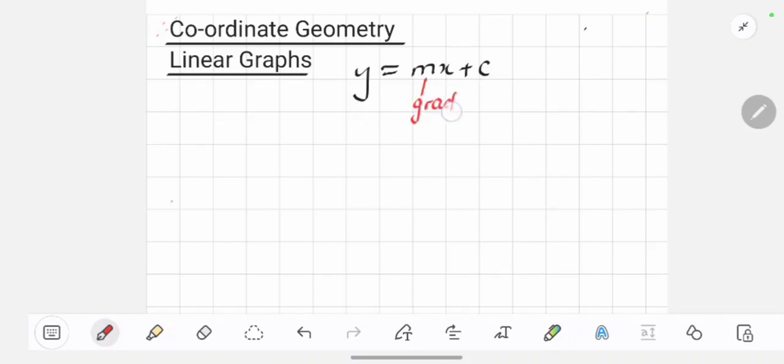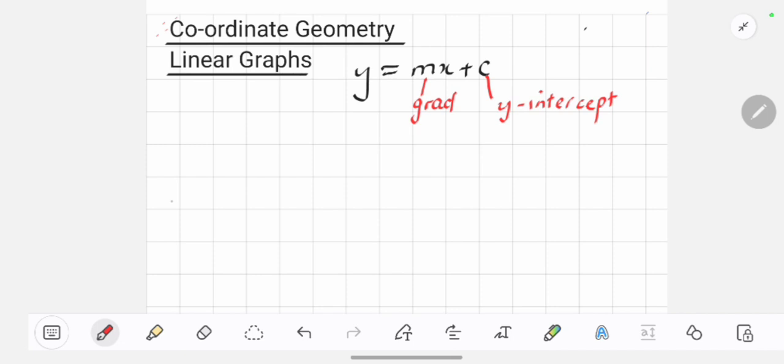Then c is the y-intercept. That is where the graph cuts or intersects the y-axis. So to start with, drawing a graph that is a linear graph, you just require 2 points.